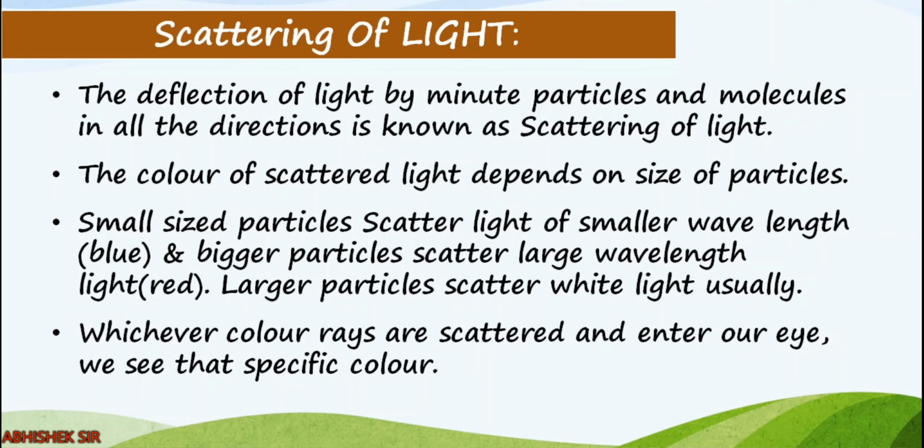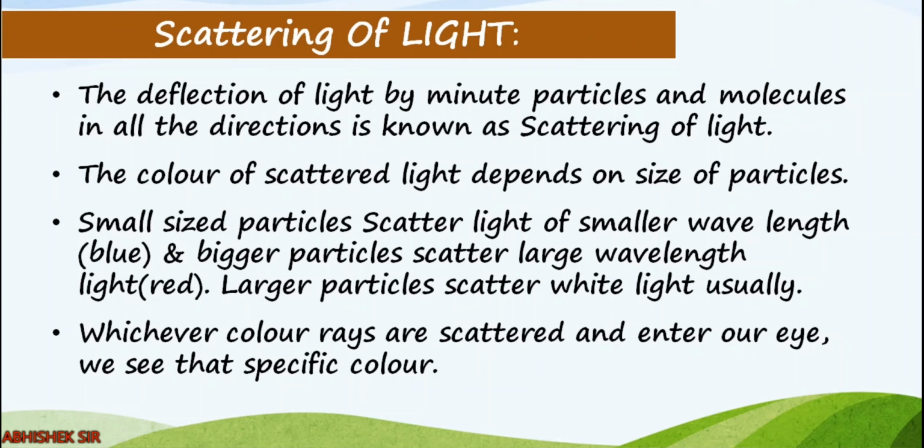But what happens due to scattering is that different constituent colors are scattered in different directions, right? So we can say that the color of the scattered light depends on the size of the particle. Now how does it depend on the size of the particle? Small size particles scatter light of smaller wavelength.